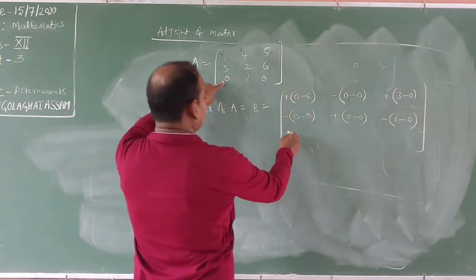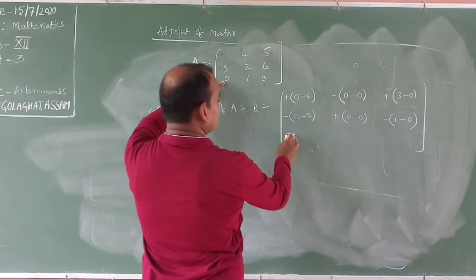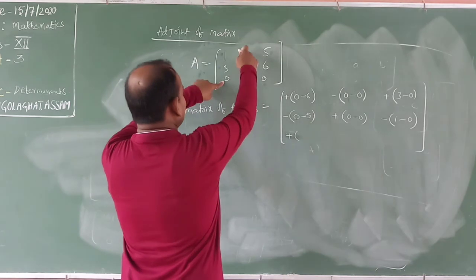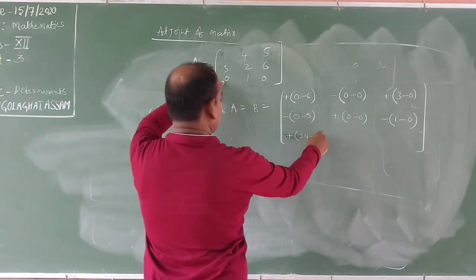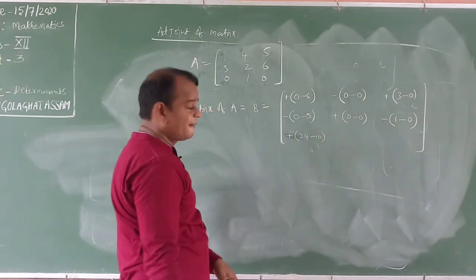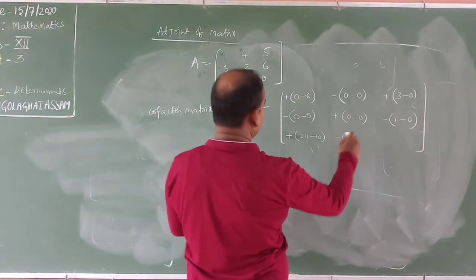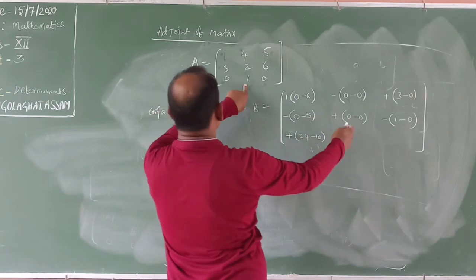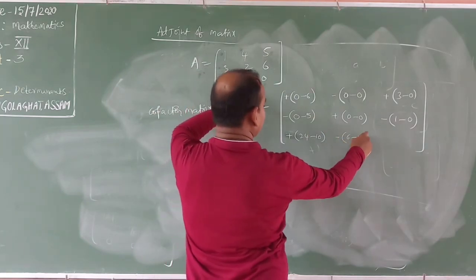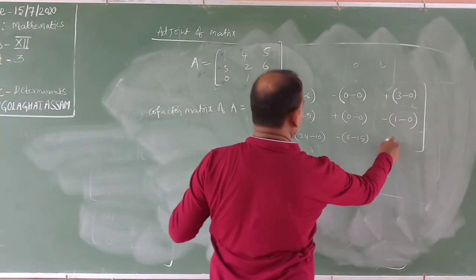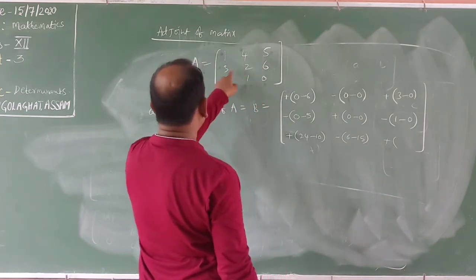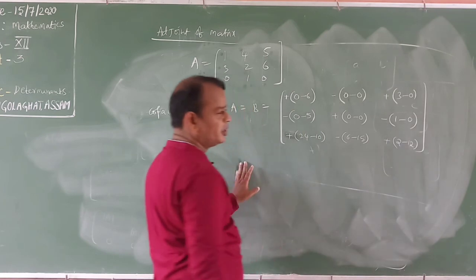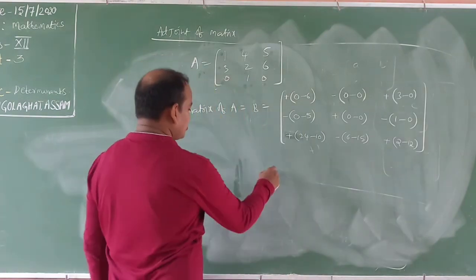The cofactor of 0: 4 into 6 is 24, minus 10. The cofactor of 1: 6 minus 15. Plus, the cofactor of again 0: 2 minus 12.